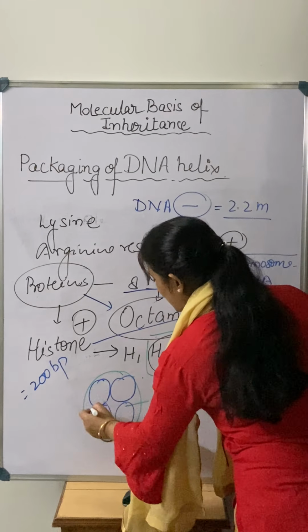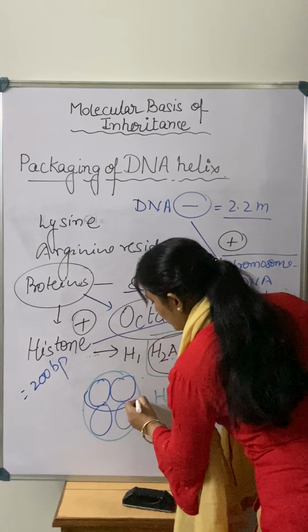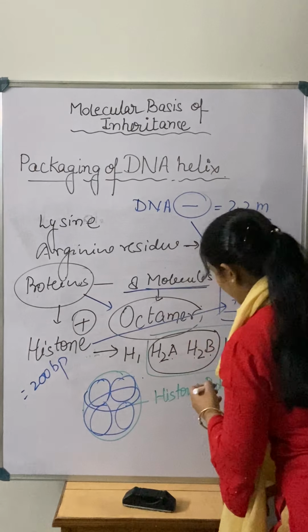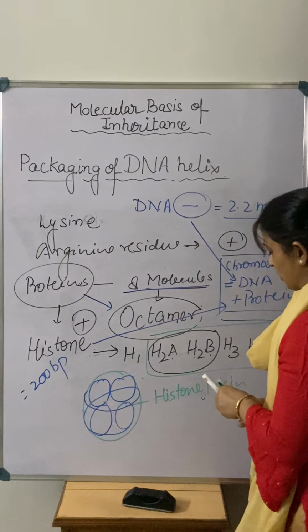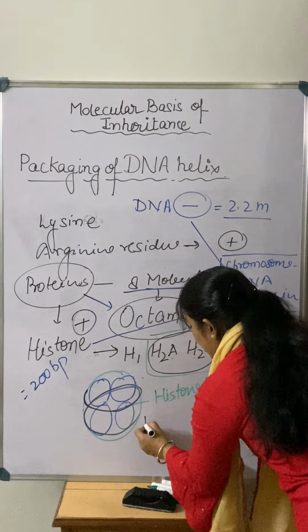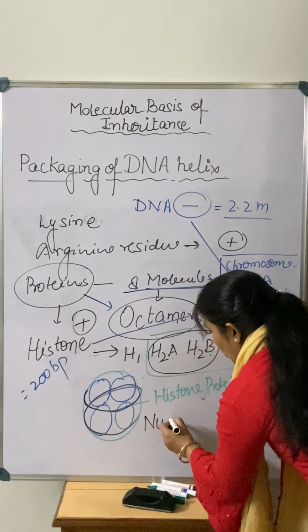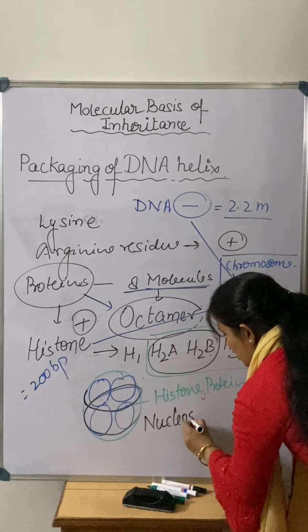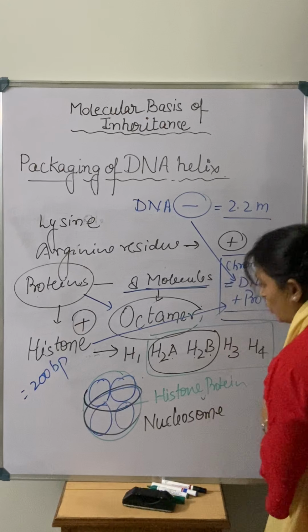So 200 base pairs are going to wrap in where? In the one histone protein, right? Like this, and make a body that we call a nucleosome. This structure is known as a nucleosome.